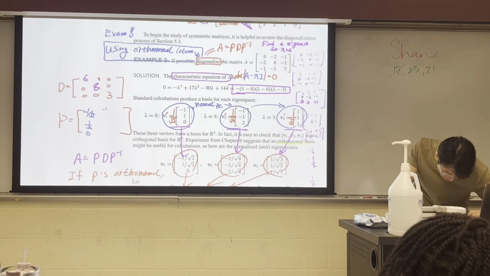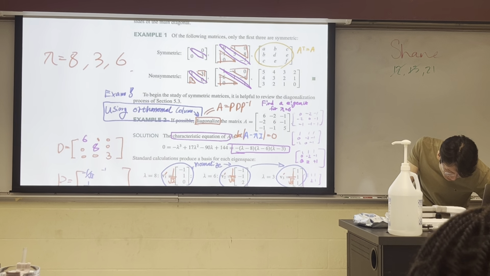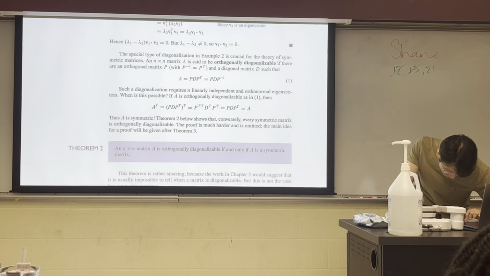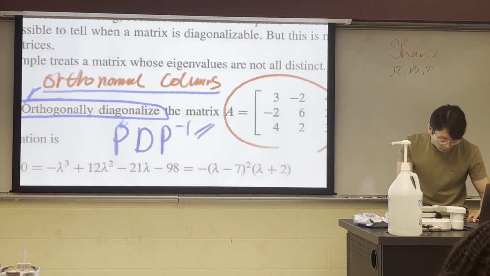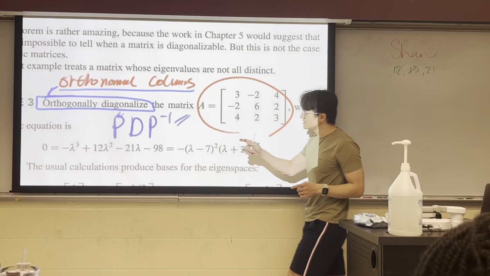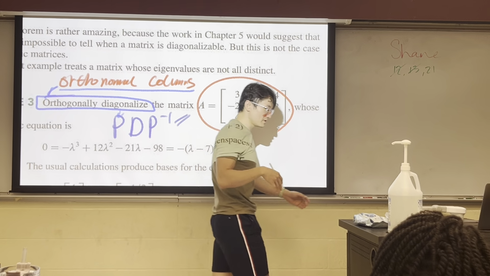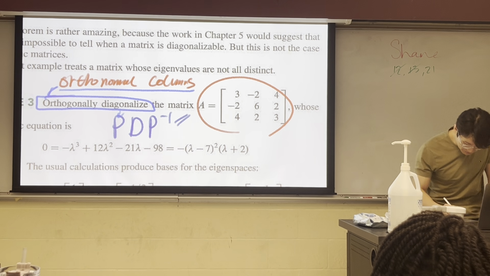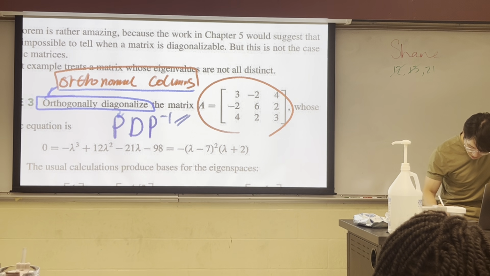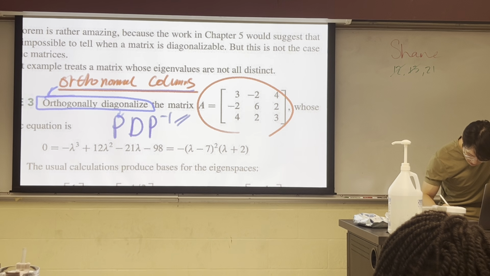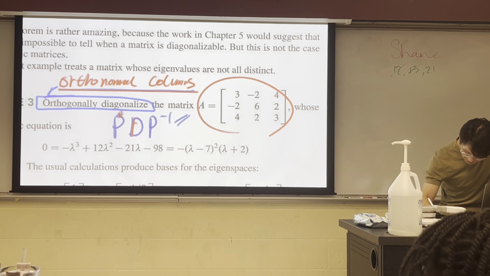Sorry, I don't want to waste your time, but orthogonally diagonalized means use an orthonormal basis. In the exam question I'll explicitly say use orthonormal columns to construct P inverse.